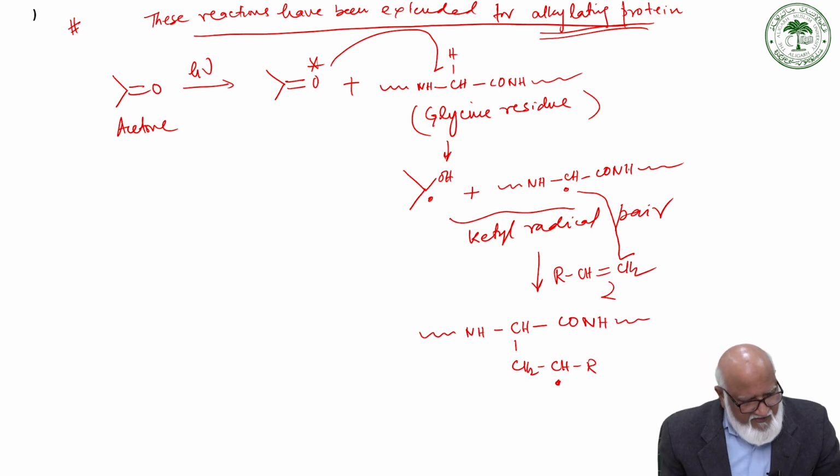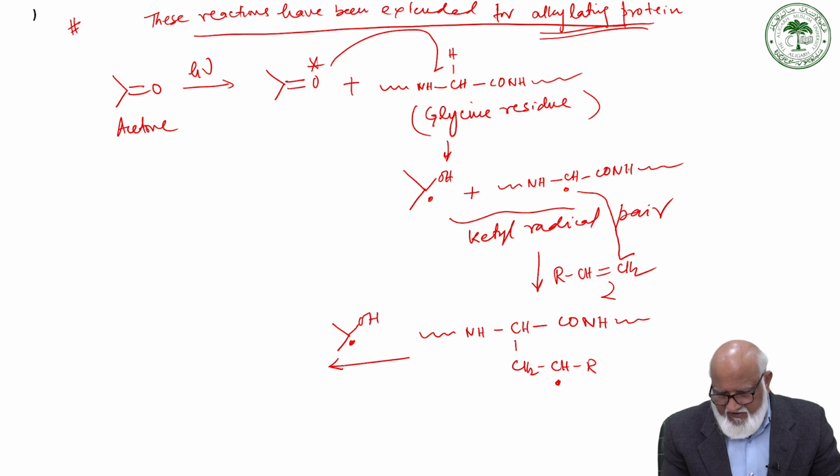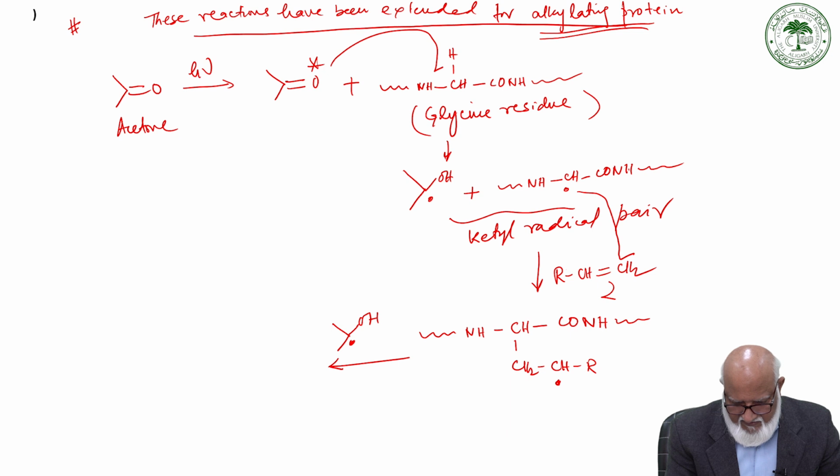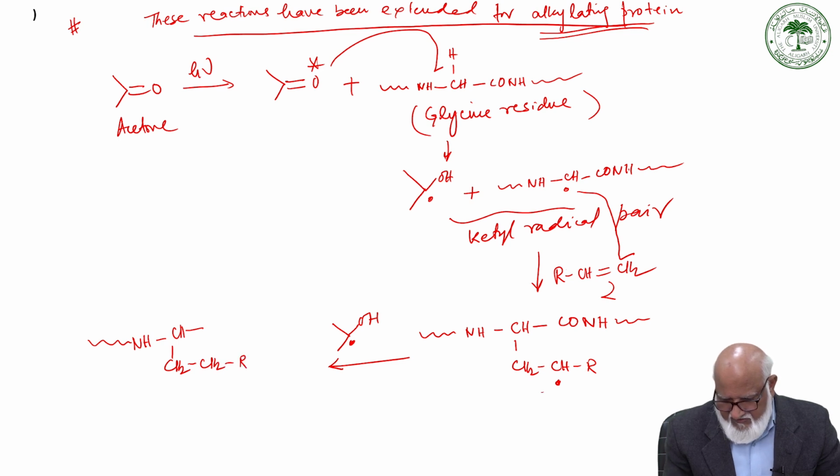So this radical once again can abstract a hydrogen atom from the other isopropyl ketyl radical to generate the modified product, and this will of course generate back acetone, NH, CH, CH2, CH2R, and this goes back to CONH.